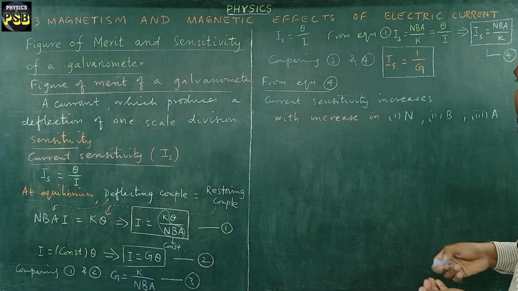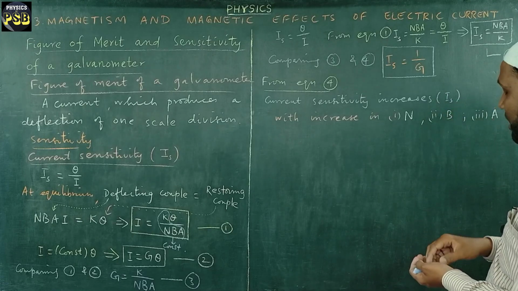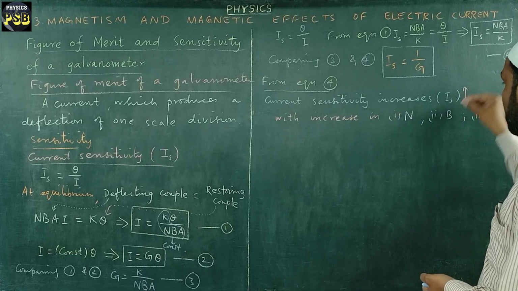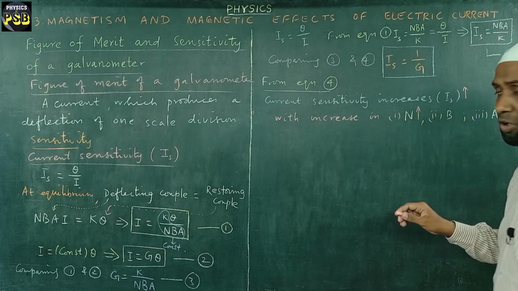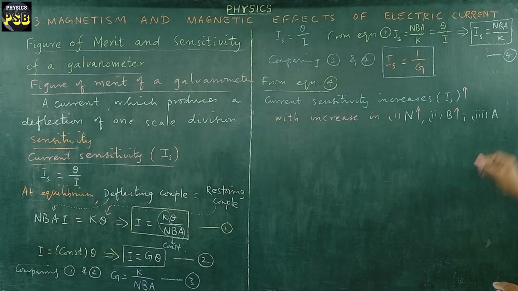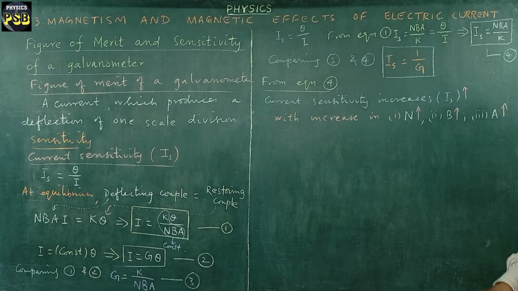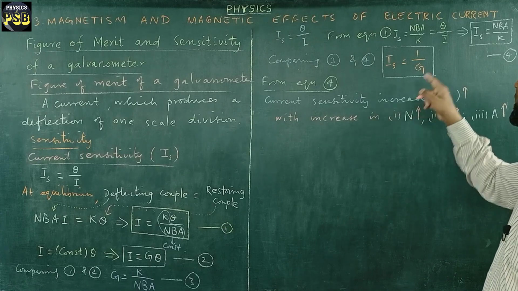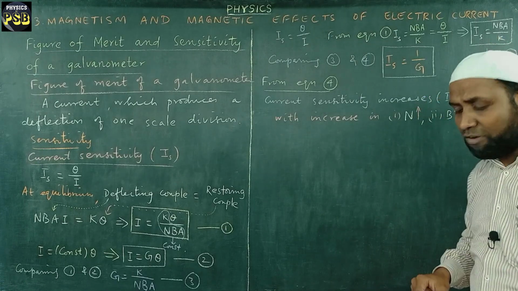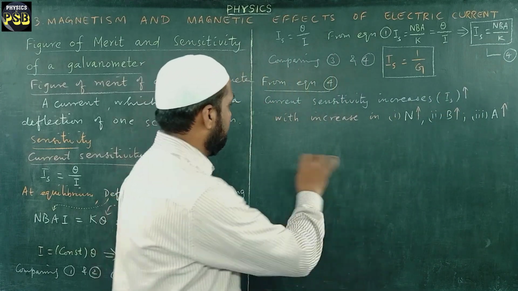So I can say current sensitivity can be increased if we increase the number of turns of the coil, the magnetic induction, and the area of the coil. Then the IS value can also be increased by decreasing the value of K, because it is present in the denominator.